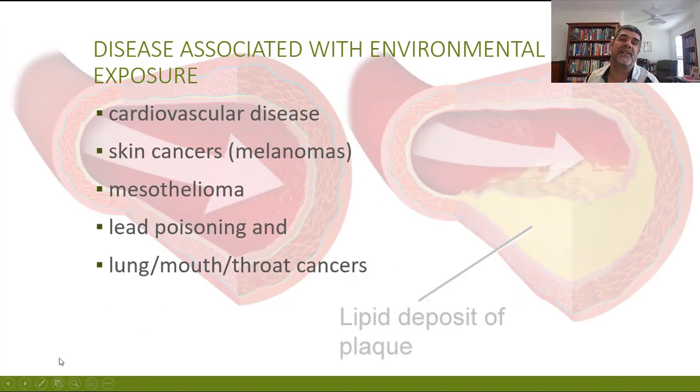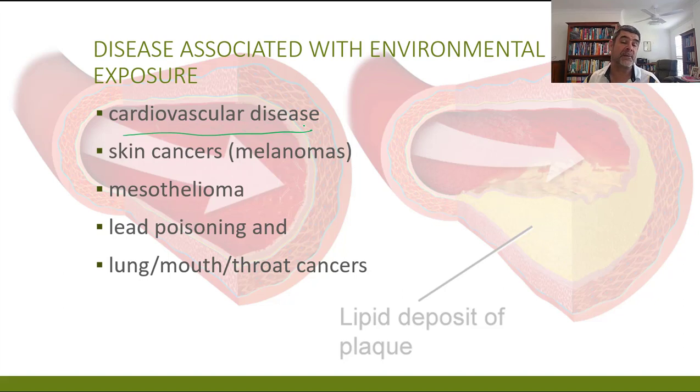So what are some of the diseases associated with environmental exposure? Well, probably one of the key ones is cardiovascular disease. As we've talked about previously, some of these general lifestyle diseases have increased in their prevalence over the years, particularly as we've addressed a lot of areas around good hygiene and good medical practices.